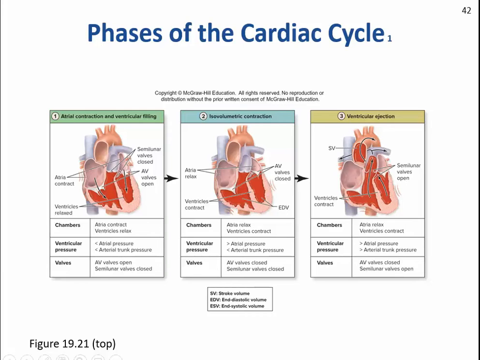So this is just a chart of that. Atrial contraction, or ventricular filling first, and then the atrium contracts, and it pushes the last 20% of blood in there. Isovolumetric contraction, so ventricular systole, closes the AV valve, hasn't opened the semilunar valve yet. Then the semilunar valve opens, you get ejection into the arteries.